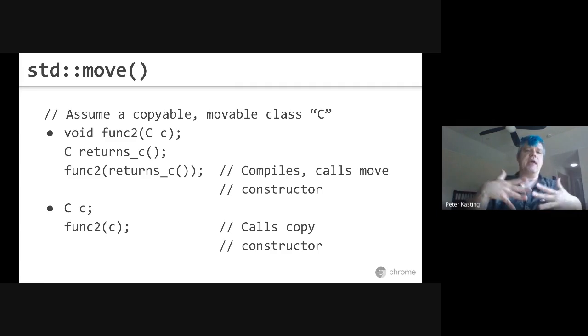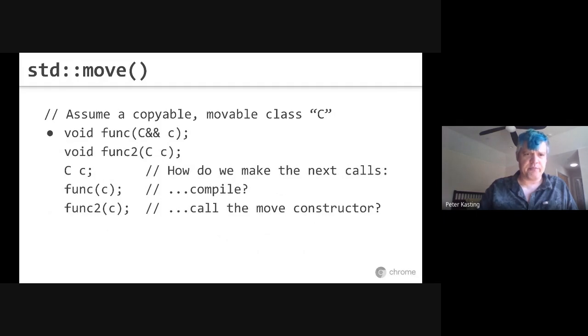And then we'll construct a new temporary, which itself is an rvalue because it's unnamed, and we'll pass that in to the function. Or if we call it with an lvalue, we'll call the copy constructor. This is maybe great because it works, but maybe not great because it seems inefficient. We're calling the move constructor or the copy constructor or something like that. And probably if C is a big object, we want to ensure we don't call copy constructors all the time. So maybe this isn't the right way to go.